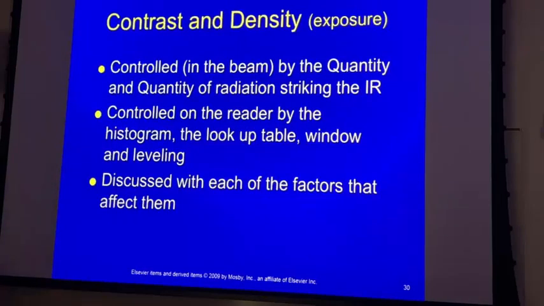So contrast and density, regardless of what type of image receptor system we have, the physics of the interaction inside of the patient, as we describe it, is still what we think happens inside of the patient. We're talking about photons traveling at the speed of light, bouncing around inside of the patient. It's theoretical.